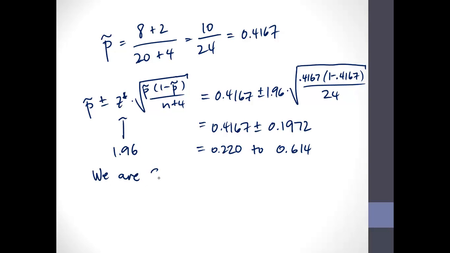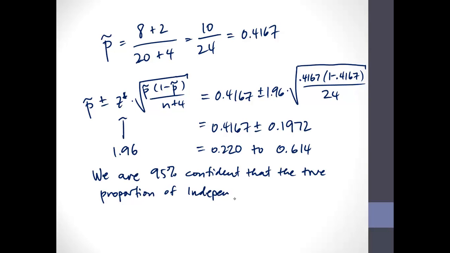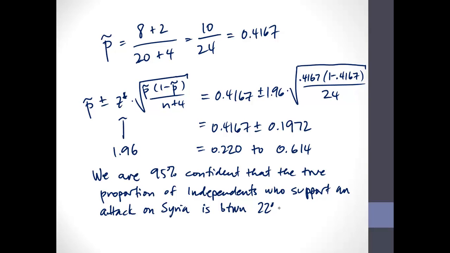We are 95% confident that the true proportion of independents who support an attack on Syria is between 0.22 and 0.614.